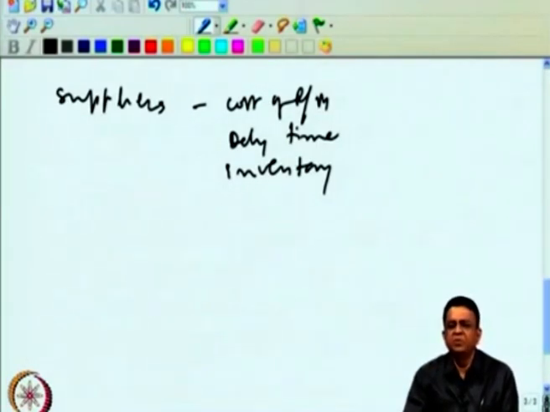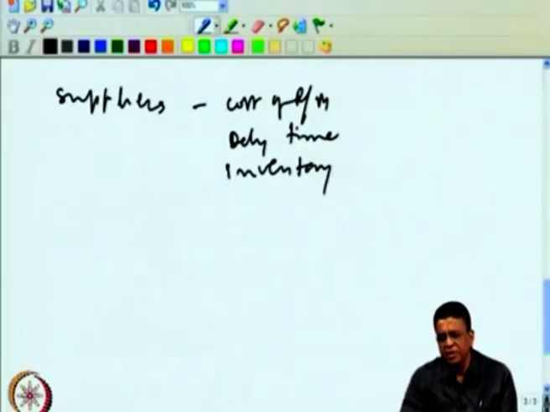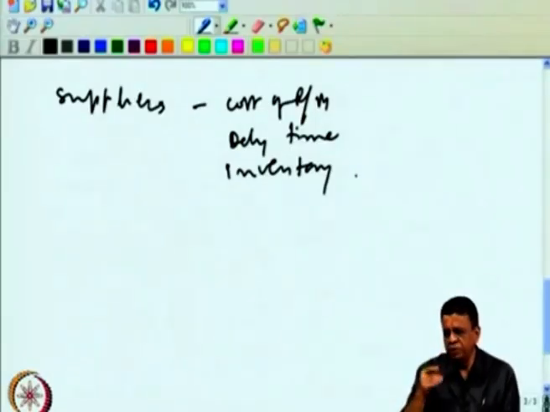So, you order for the particular raw material when it is required and it is ready for you. Suppose you want it tomorrow, you order today evening, tomorrow morning by the time your assembly line or the production line starts working, the material is supplied.